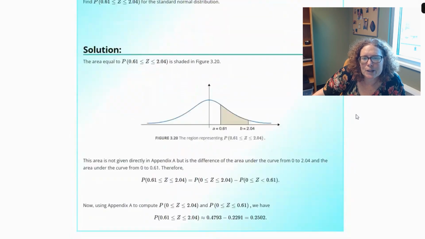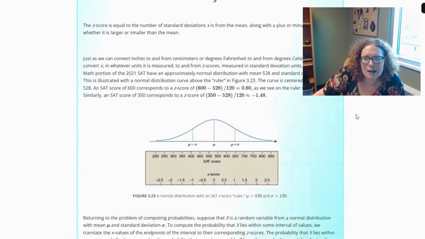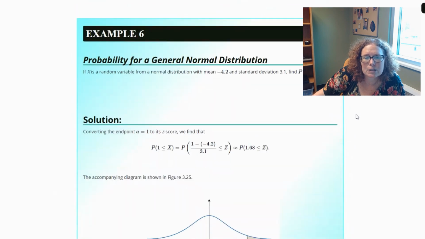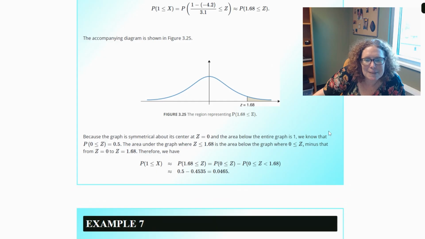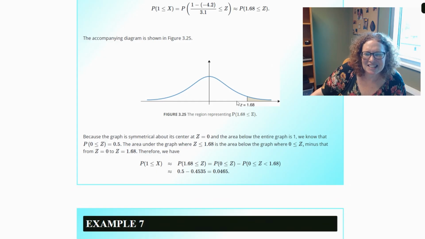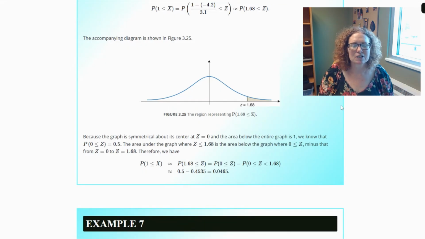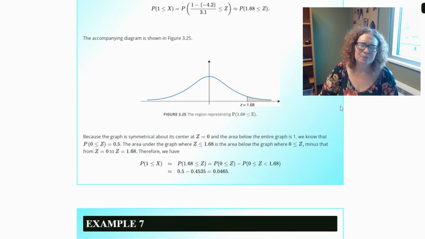And why are we going to subtract? I'm going to get back to that problem in just a minute. We're going to subtract because that little part right here is not shaded, where you see in the textbook. We want the part that's shaded.